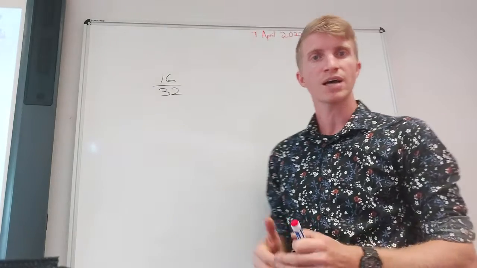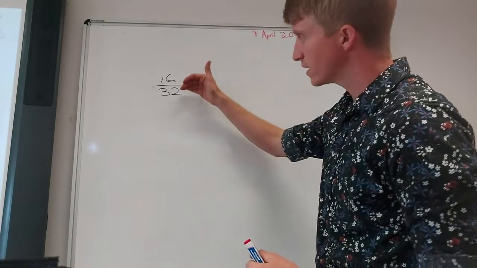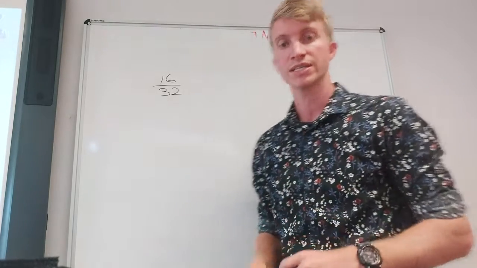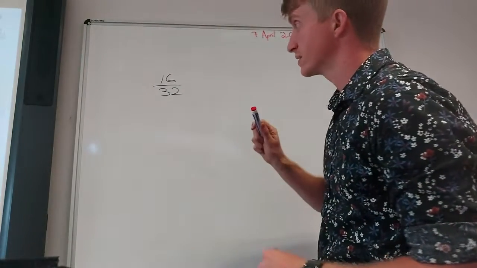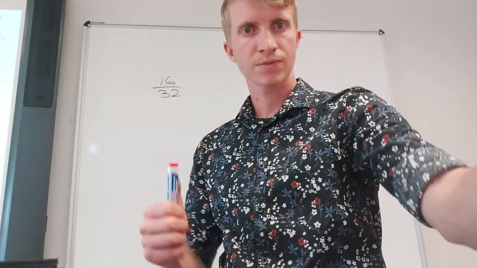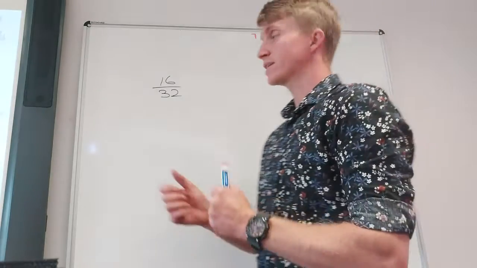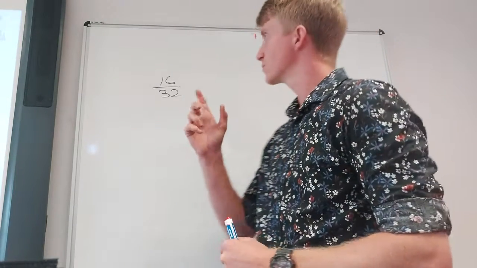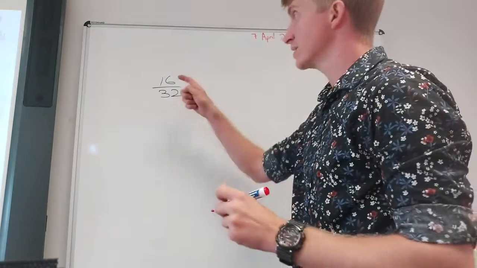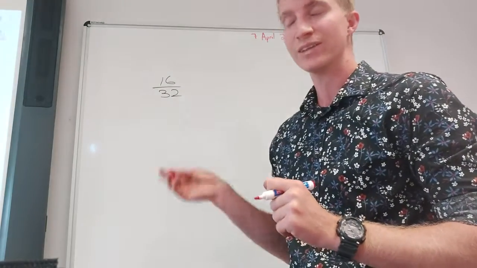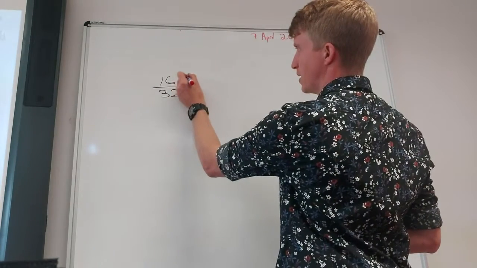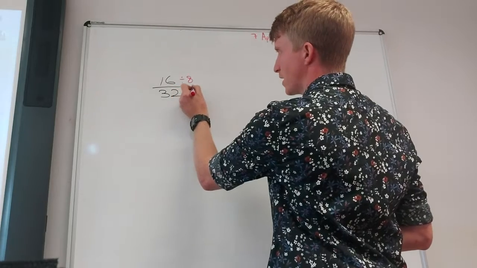If I know my multiples, I know 16 is a factor of 32, but let's say we don't. So let's look at 8. Does 8 go into 32? Yes, it does. Does 8 go into 16? Yes, it does. So I can say divided by 8, divided by 8.